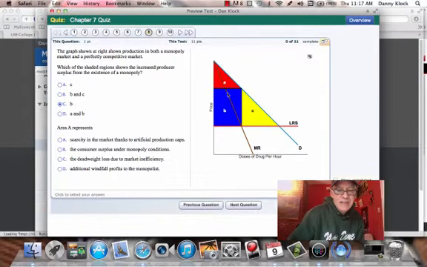Area A is because there's a few people up here with this demand line that would pay the higher prices. So A is basically the consumer surplus for those rich people that would pay the higher price no matter what. Let me see. So I'm going to go back to this dead weight.